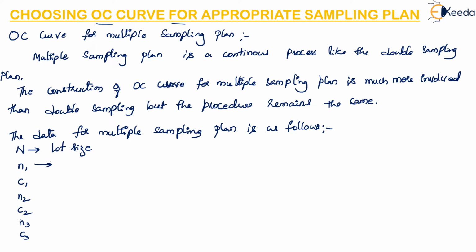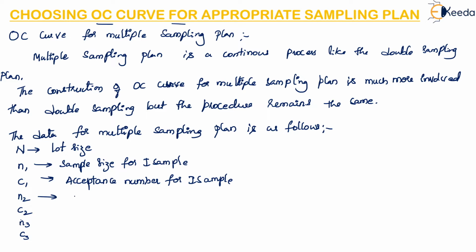Here N1 is the sample size for the first sample, and C1 is the acceptance number for the first sample.